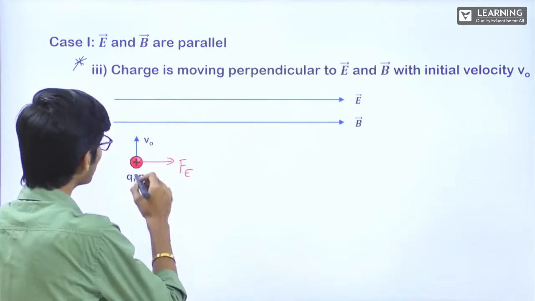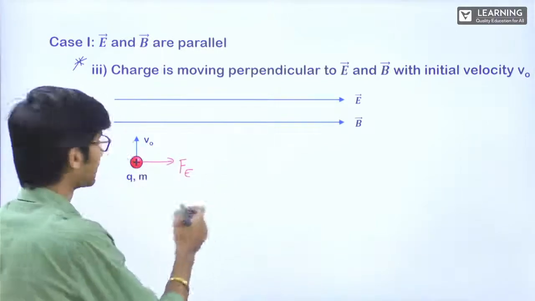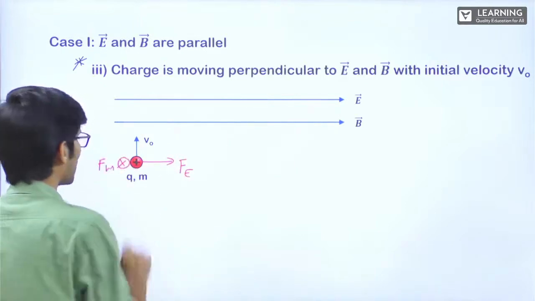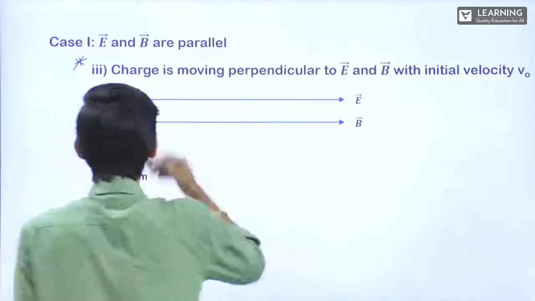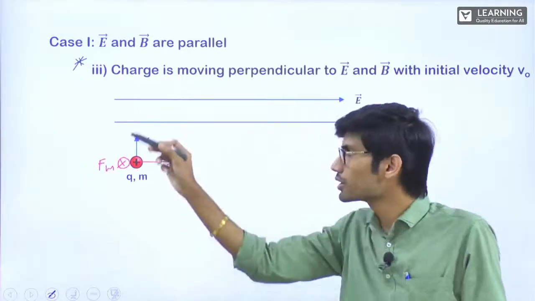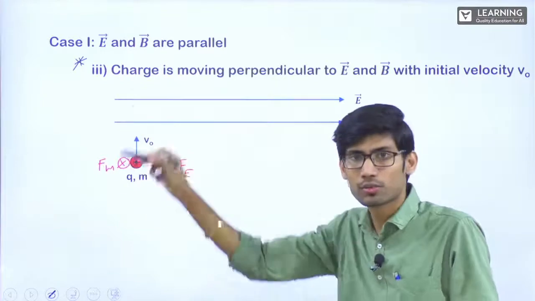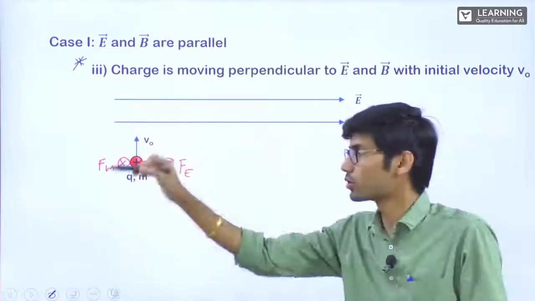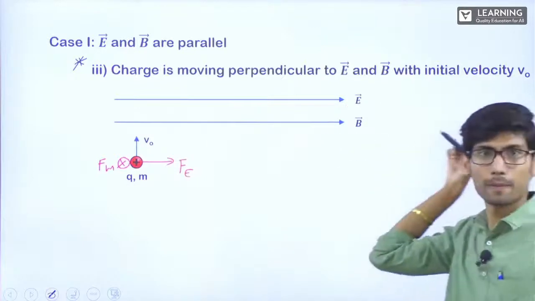Initially, magnetic force will be inside. So the particle will do circular motion like this. From here it will go inside the board, then come outside the board, then inside the board, outside the board, like this it will do. Because of electric field it will do horizontal motion also. So from here it is coming towards me.